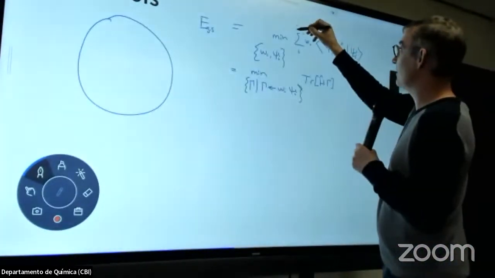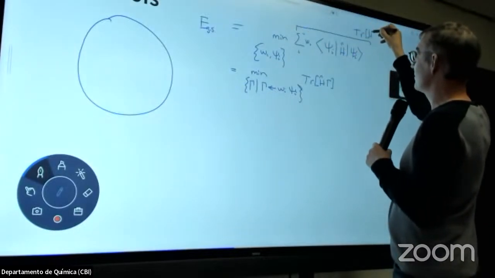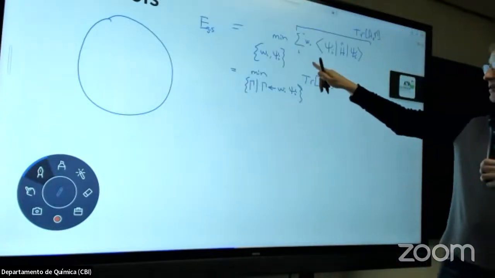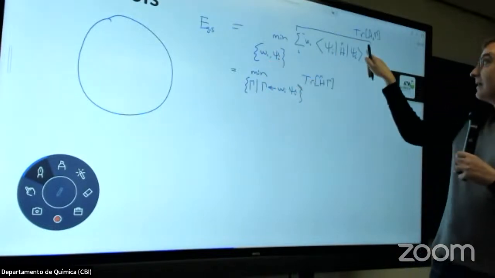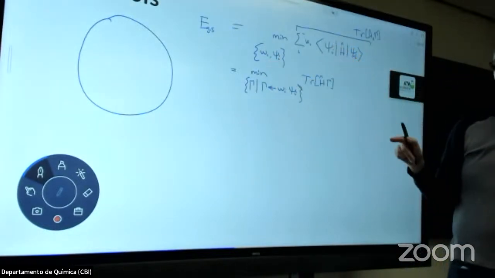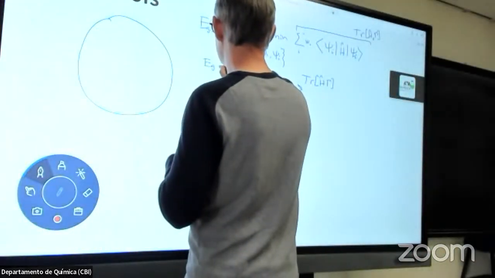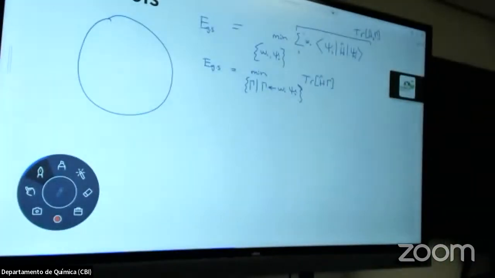This expression here is just equal to the trace of H on the density matrix. So as long as I minimize over density matrices that have the same variational domain as this principle, I will also get the ground state. So this is also the ground state. So that's one important thing to understand.